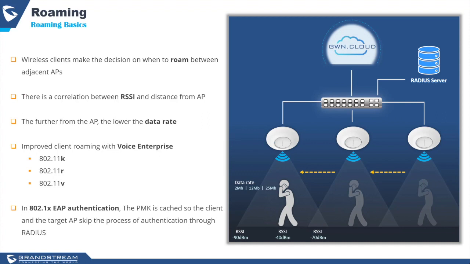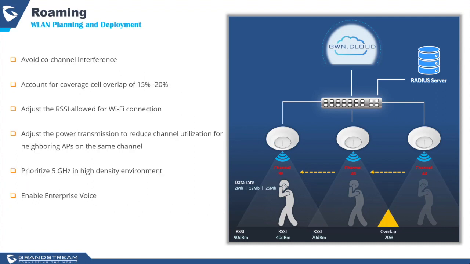So when you move from one access point, the access point will synchronize the authentication that took place when you first joined the network, so that the second access point has the authentication required for the user to connect.